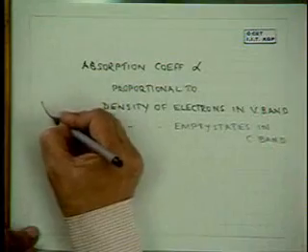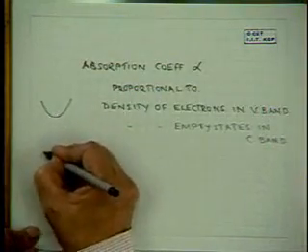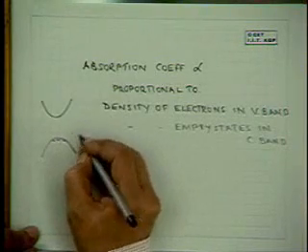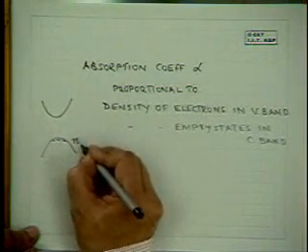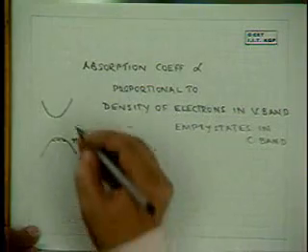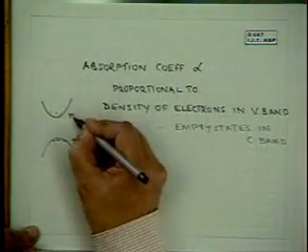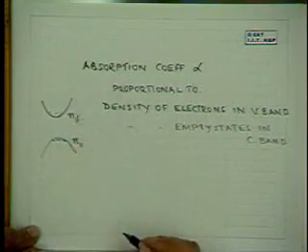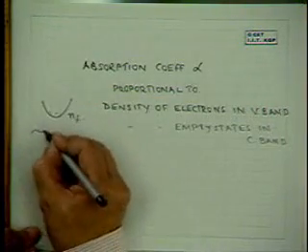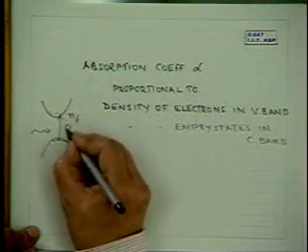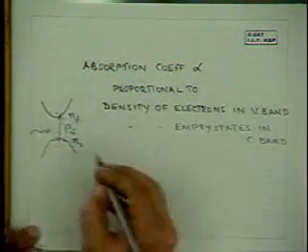So if we have the electrons initially here in the valence band, suppose density is Ni, there are empty states Nf, and the transition probability is Pif.